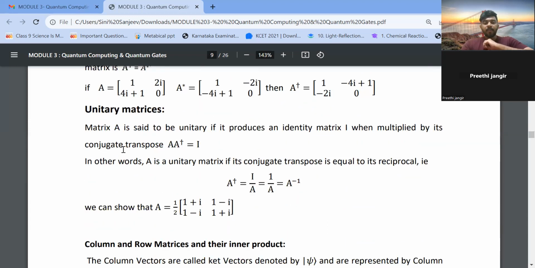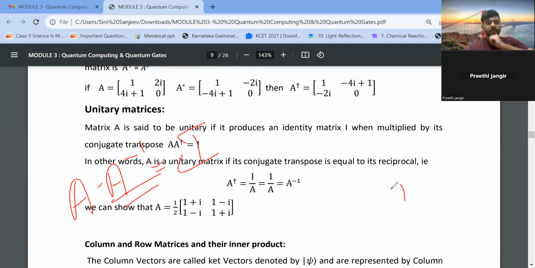Okay. Unitary matrix is something we have all studied in the lower classes. What is my A dot A inverse? I. Correct? A dot A inverse is nothing but my I. So what is my A inverse?